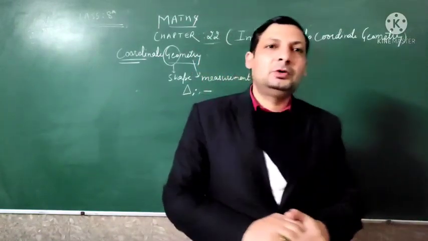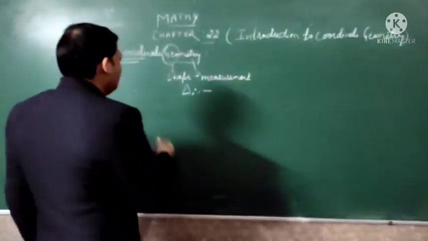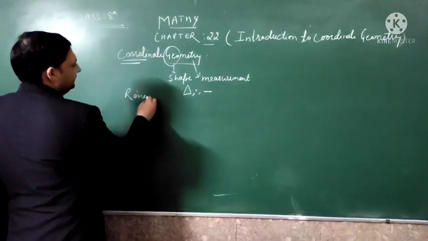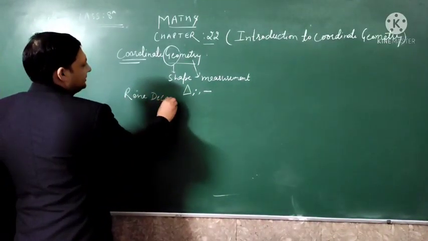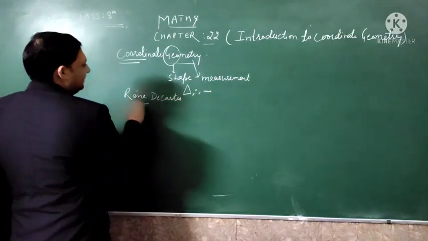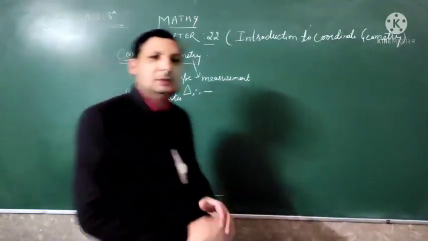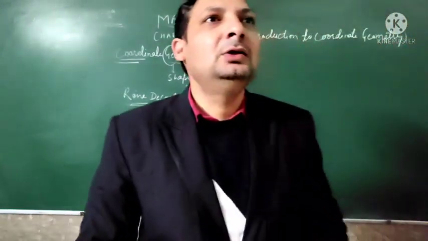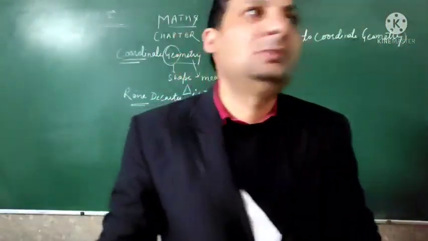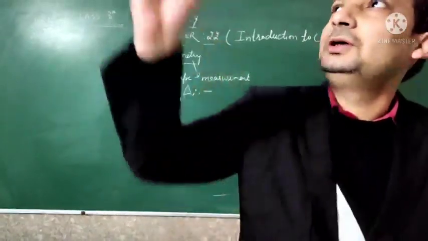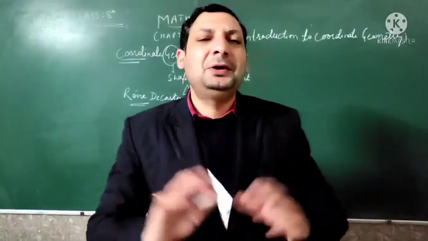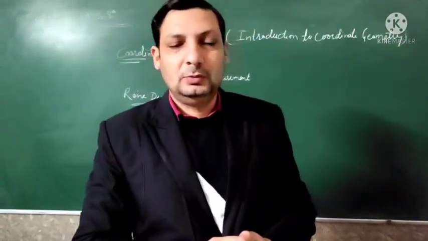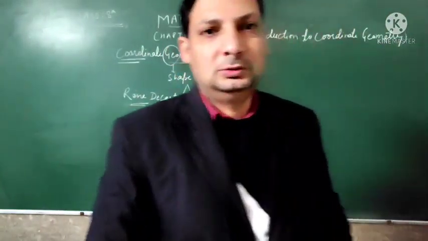Once upon a time there was a mathematician, his name was Descartes. He was the mathematician who discovered coordinate geometry. He was sitting on the bed and thinking different things. He was looking at the tube light, the fan, and a clock also he had seen, on the wall.